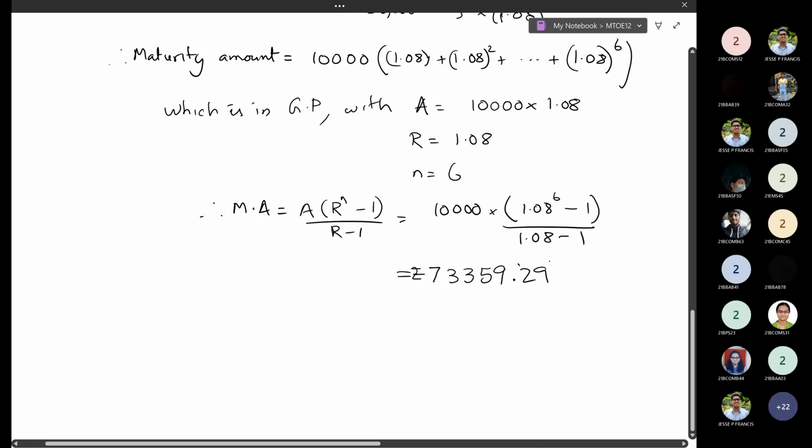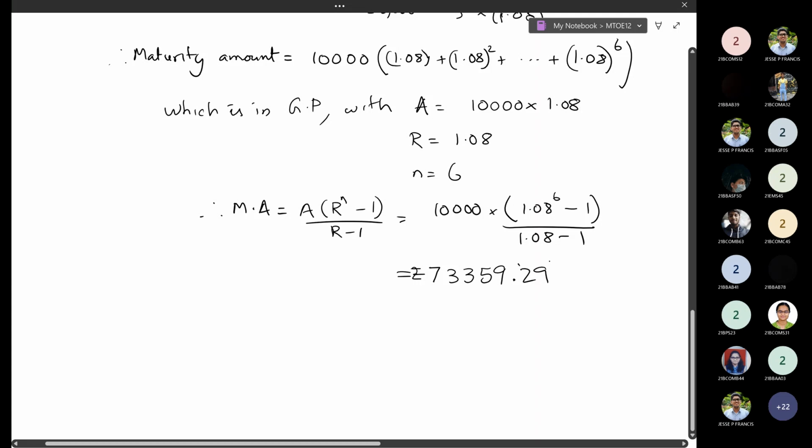We'll verify one more thing. What if we invested rupees 50,000 in one sum for 6 years at 8% interest?